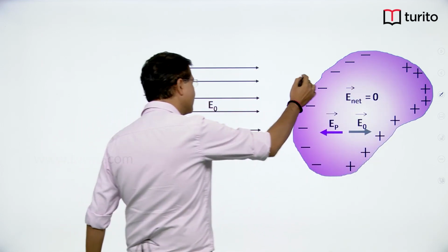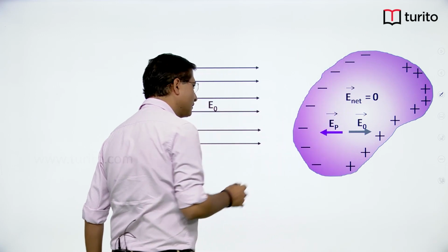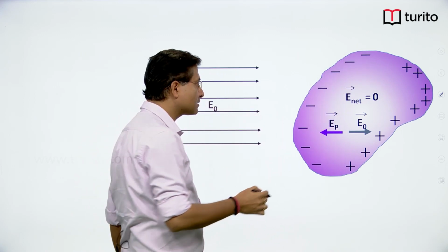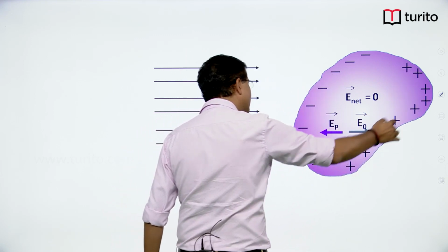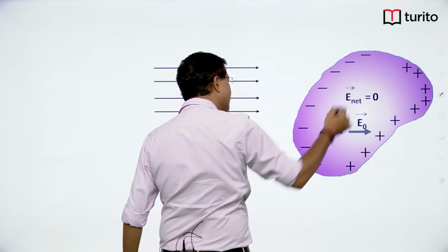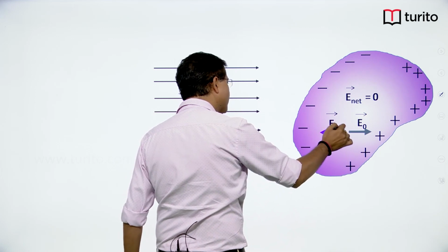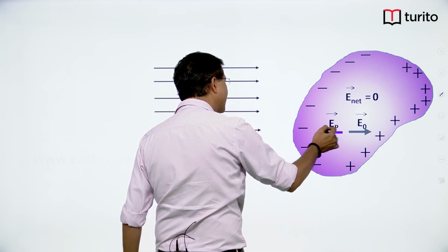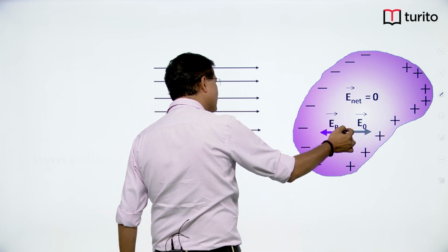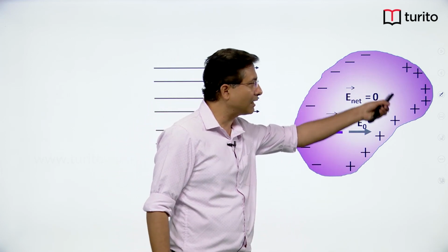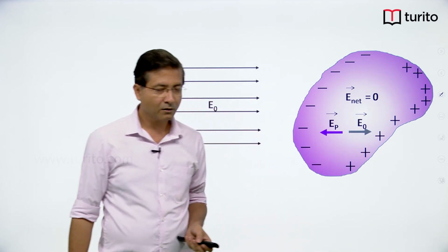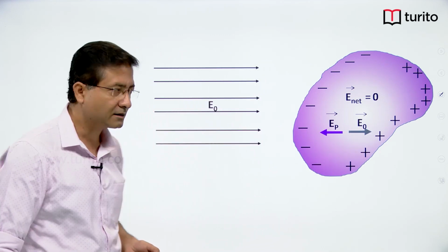So, this side will acquire negative charge and this side will acquire positive charge in such a way that together they will produce a field at this particular point exactly opposite to this field, so that the field becomes 0. This is for this particular point; the same thing will happen for all the other points, right. So, this was the first point we discussed in the last class.